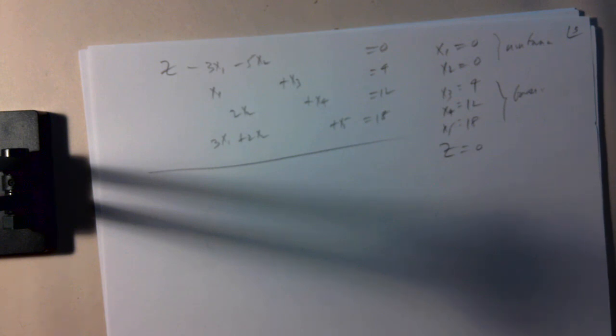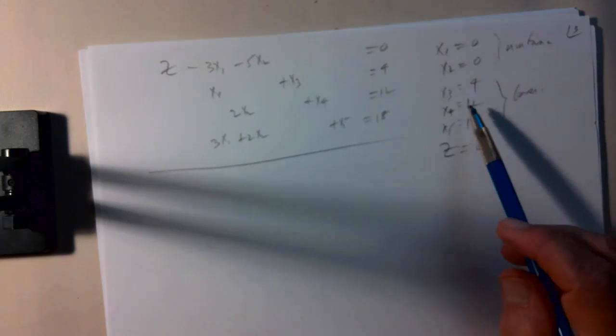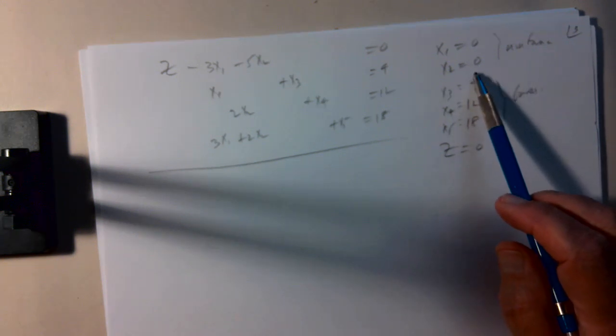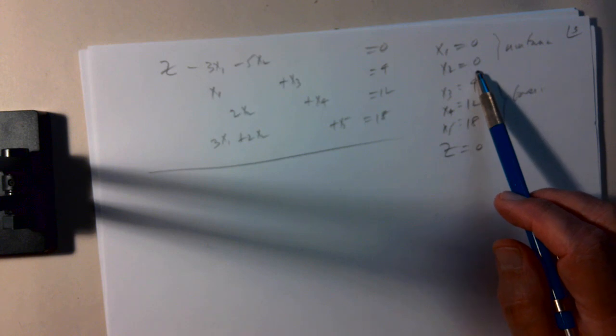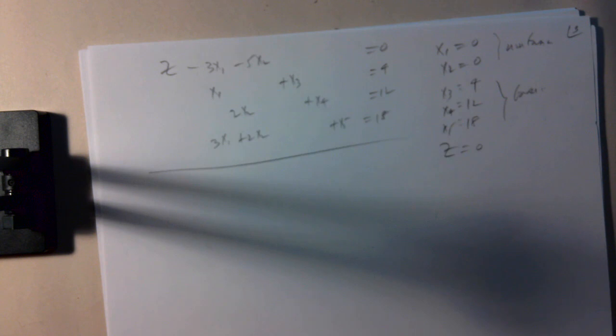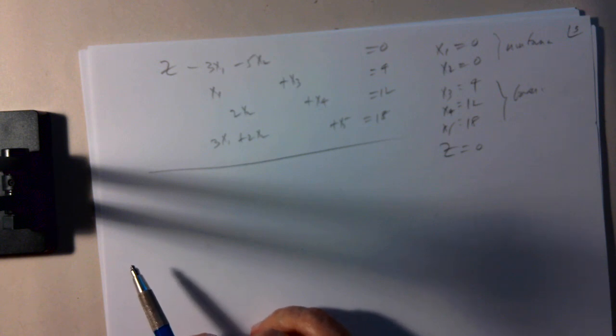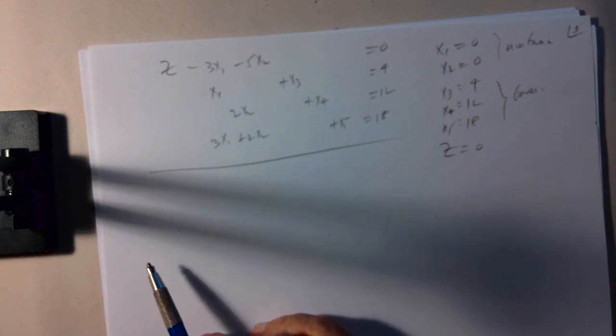Now, we want to get a larger value of the objective function by increasing one of the non-basic variables. We see we get the larger increase if we increase x2. So we're going to make x2 some positive number.